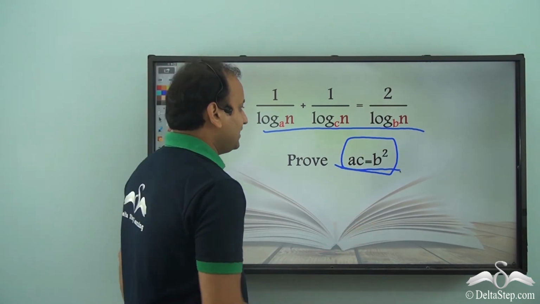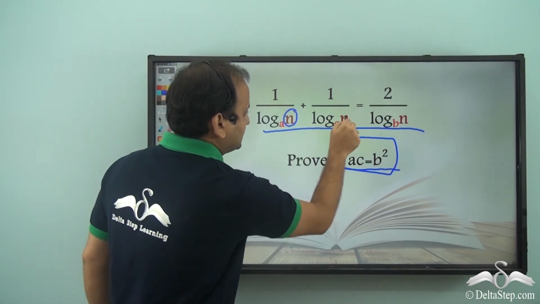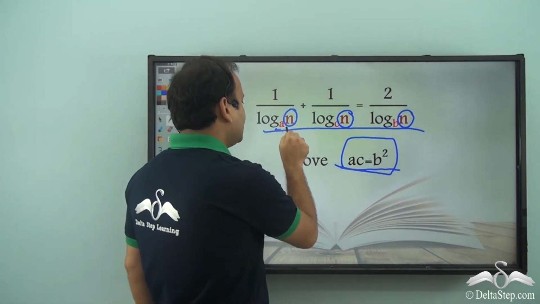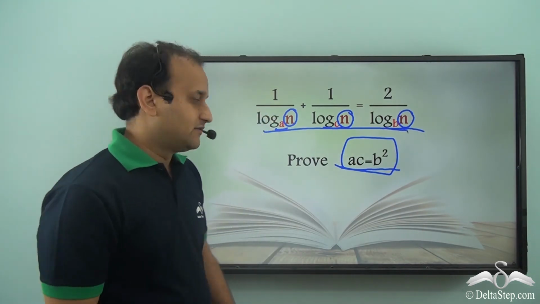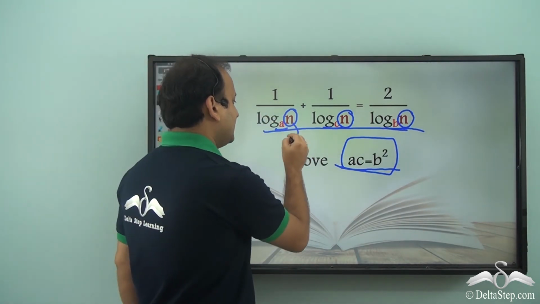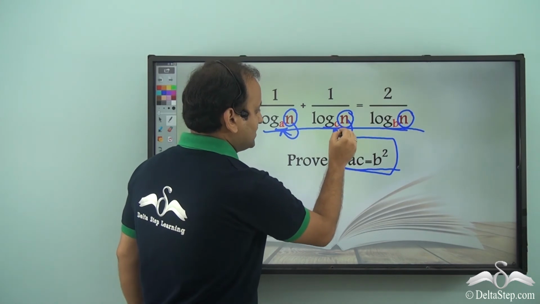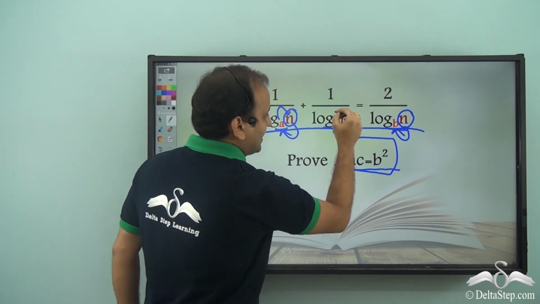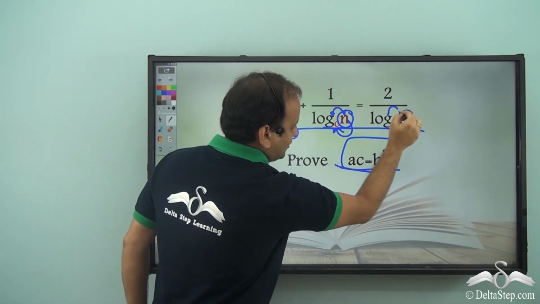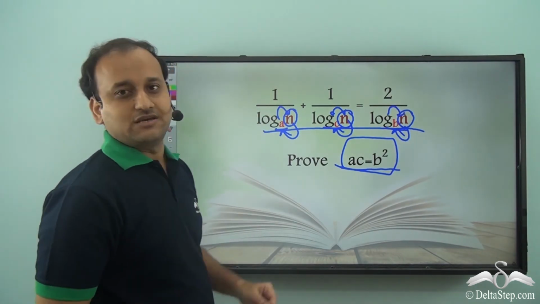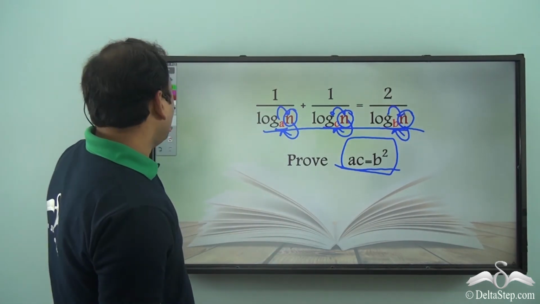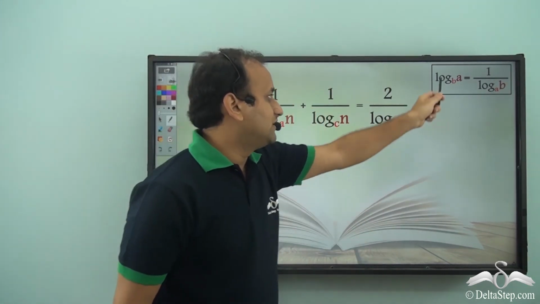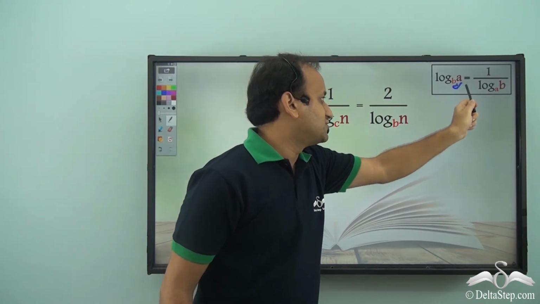So the first part would be, again, you will notice that the arguments in all the three cases are the same while the bases are different. So what we can do is, if we can bring the argument in the place of base and we can get the base in the place of argument, then we'll have the common base in all the three and then we'll be able to further simplify it. So if we apply the reciprocal formula, we'll reciprocate it and we'll exchange their positions.